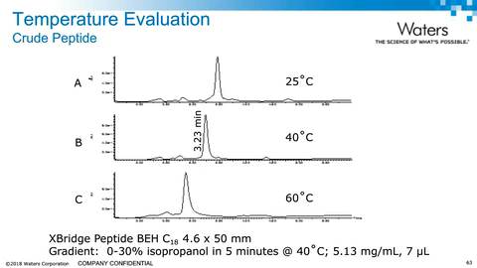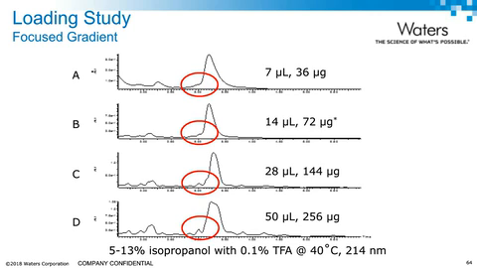I did a loading study using a focus gradient and determined that 72 micrograms was the maximum load on the analytical column. The area in the red circle shows that as I increase the load, I'm starting to see the presence of a larger and larger impurity peak eluting at the front of the peptide of interest.